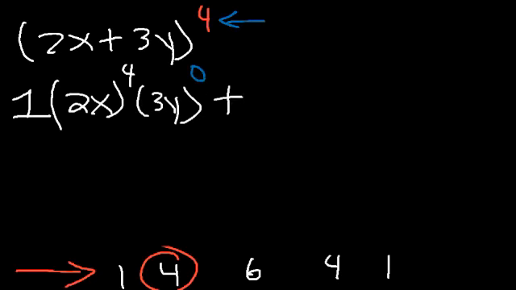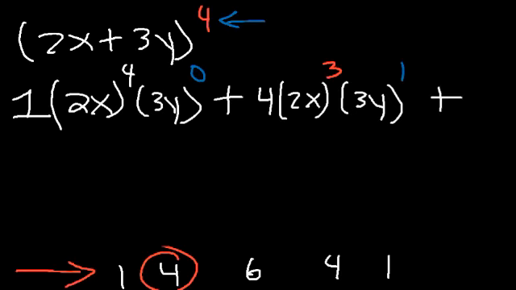And then the next coefficient is going to be 4 times 2x, and then it's going to be in descending order, so it's going to be to the 3rd power times 3y to the 1st power. And then the next term is going to have a coefficient of 6 times 2x raised to the 2nd power times 3y raised to the 2nd power.